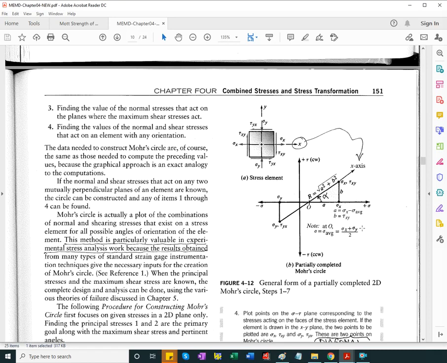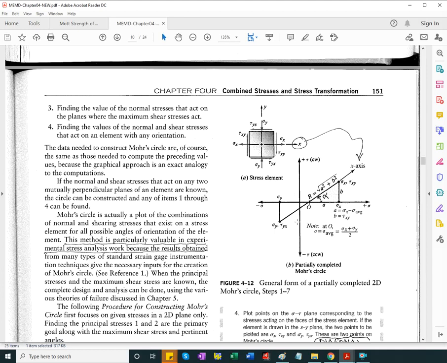So you add sigma x and sigma y and divide by 2, which gets you the center of the circle. Then we can show a diameter of the Mohr circle, and also calculate the radius of the circle.